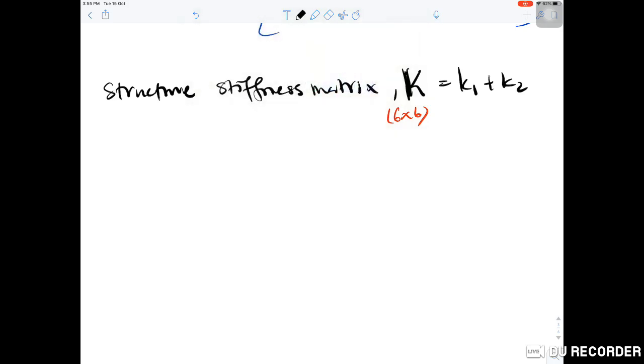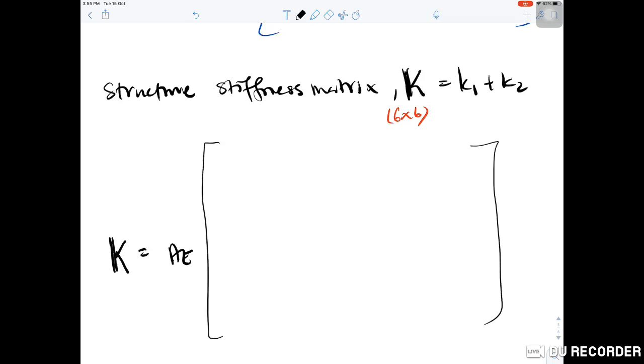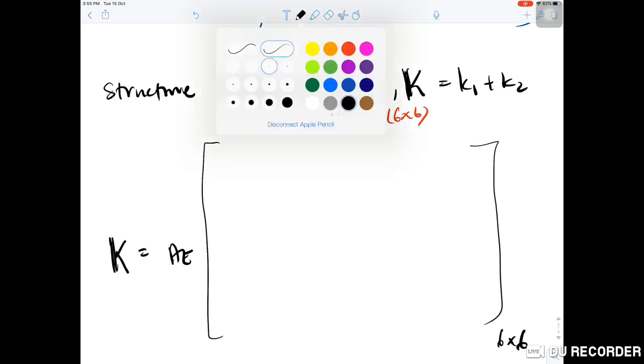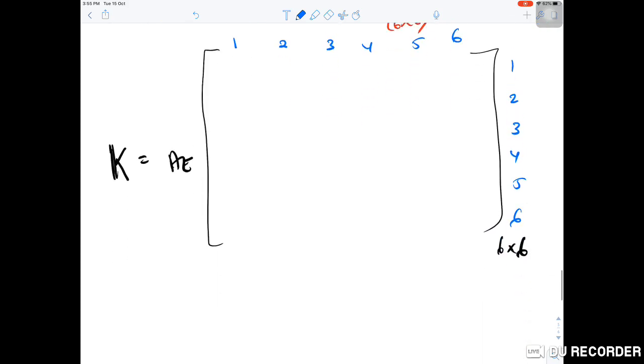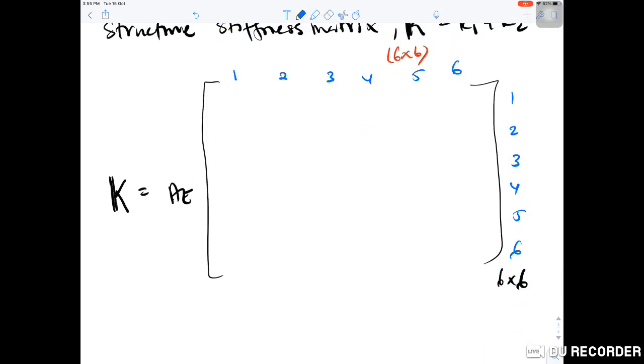In terms of AE, we have to establish a 6 by 6 matrix, and it must be written in order, which means 1, 2, 3, 4, 5, 6. From 1 to 6 is all the positions.